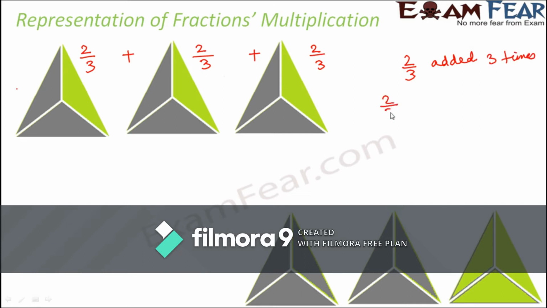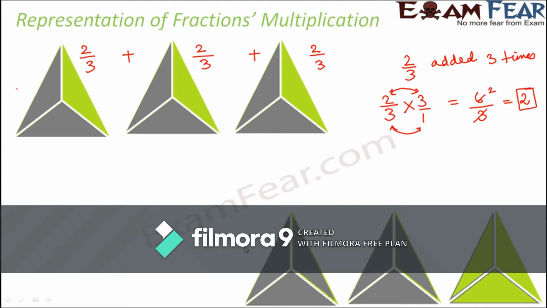That basically means 2/3 multiplied by 3. 3 means 3/1. So what would be the result? Numerator multiplied by numerator, so 6, divided by denominator multiplied by denominator, that is 3. And we know that 3 into 2 is 6. So this is equal to 2. Whether it is 6 by 3 or 2, the result is shown in this fashion.